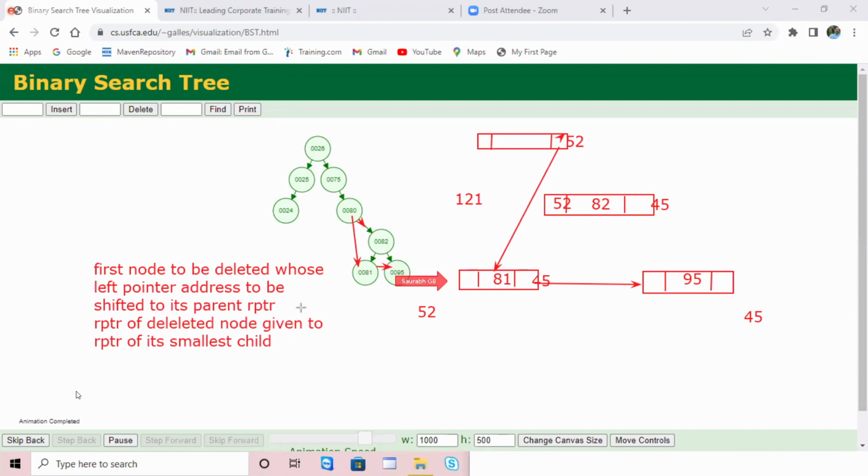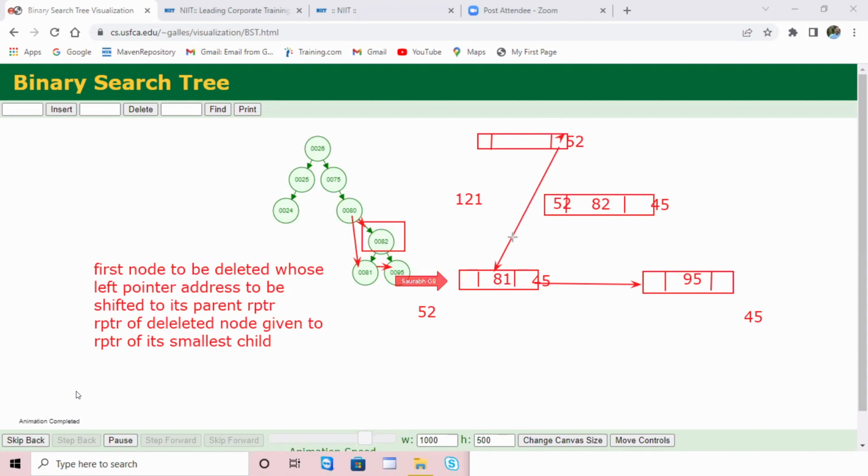And automatically, because this connection will be disconnected, and this connection will be disconnected, this will now be a discrete node from here. So this is the arrangement that we basically need to do. I only need to swap the position. First, the parent node of the deleted node gets the address of the smallest value.